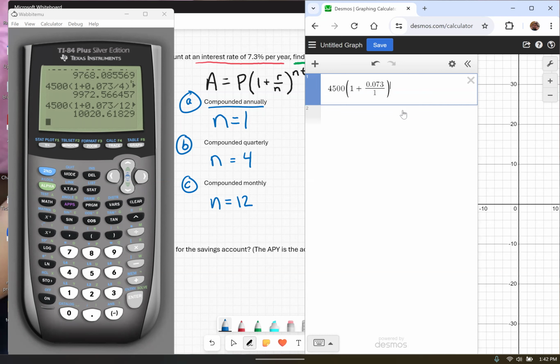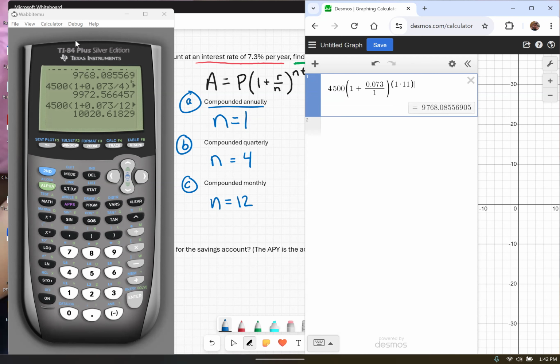Raised to the power of 1. Oops, let's put the exponent in parentheses because I want N times T all to be the exponent. So 1 times 11.